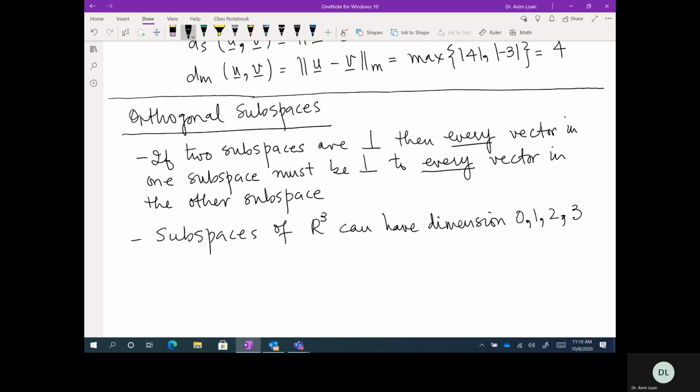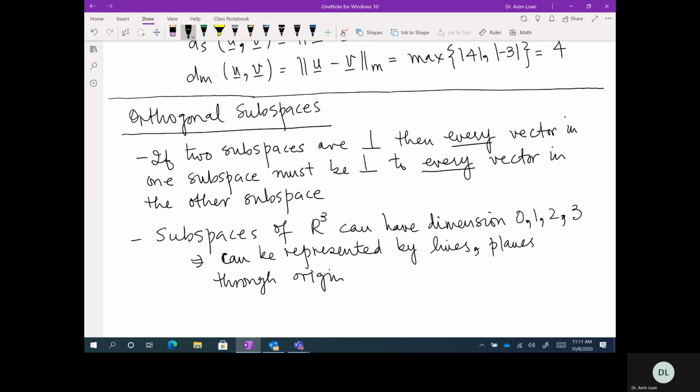So this implies they can be represented by lines and planes through the origin, and in the extreme case by only the origin, or the entire space.